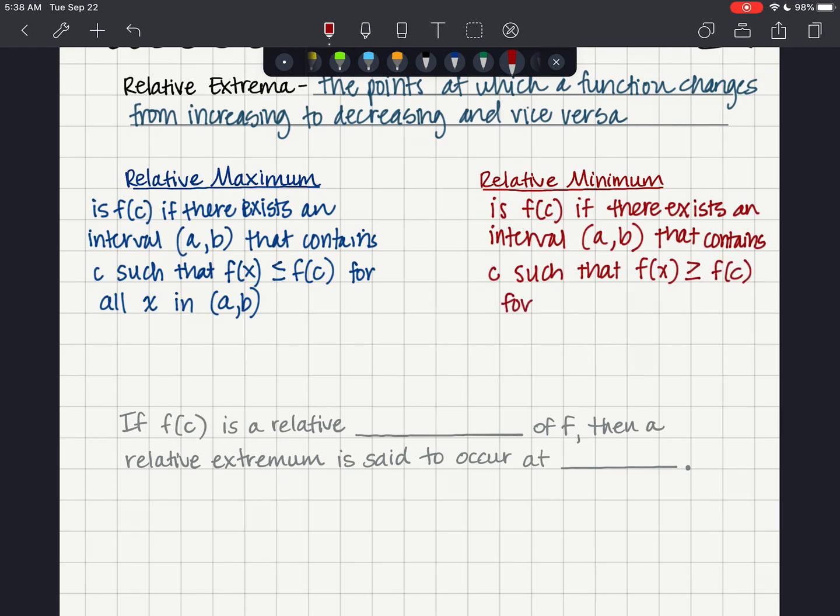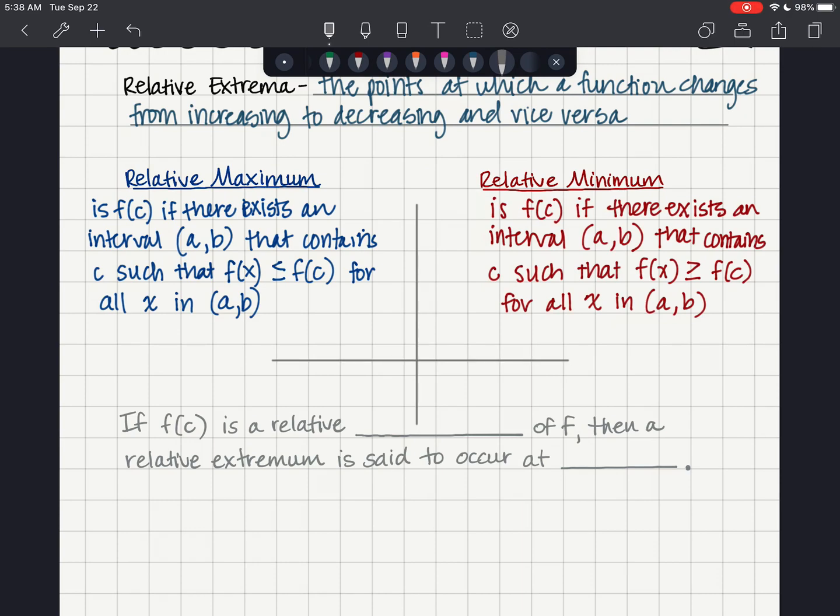And that would be for all the x's in the interval a to b. So I'll draw a quick picture, and we'll use a maximum, but my picture will include some relative minimum values.